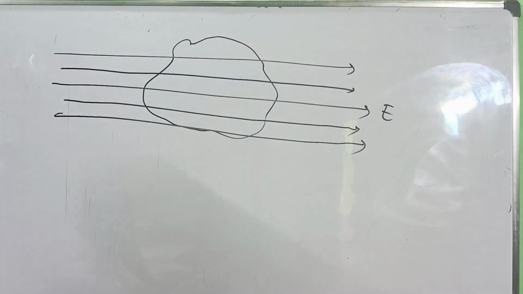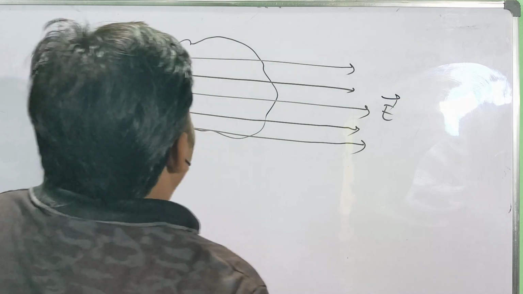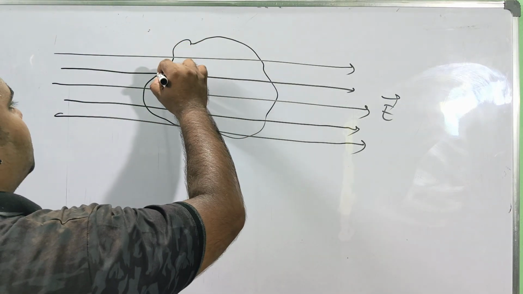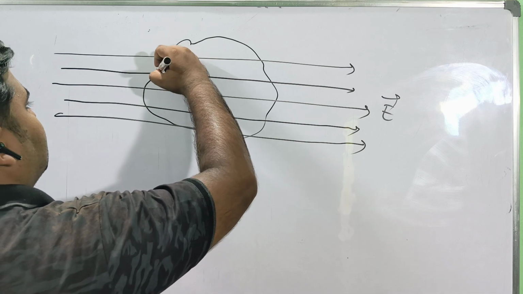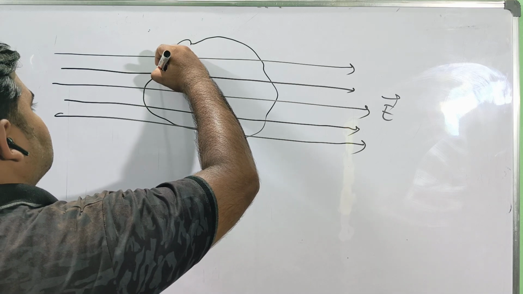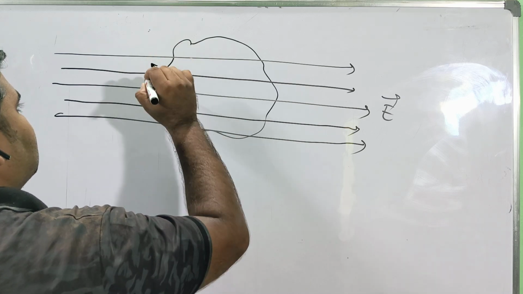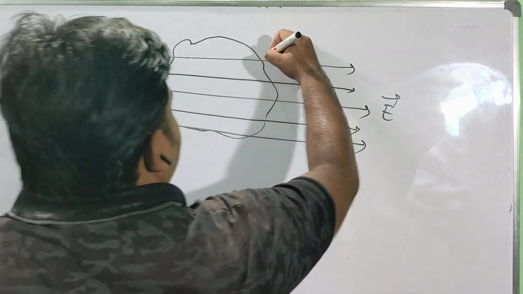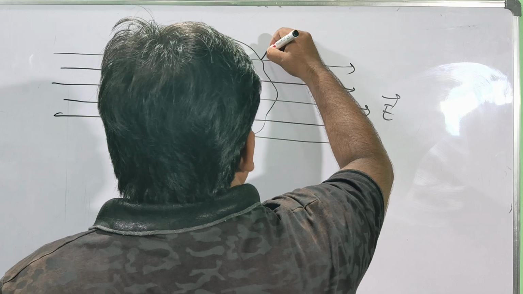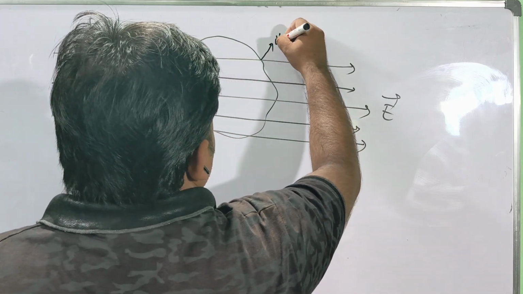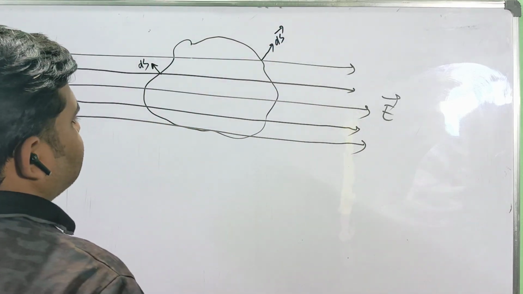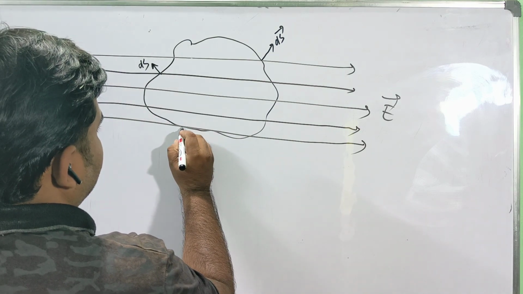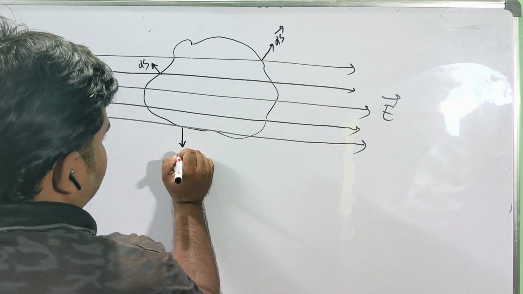This is electric field E. And at this point, the normal to the surface is this, ds. At this point, the normal to the surface is like this, and at this point, the normal to the surface is like this.